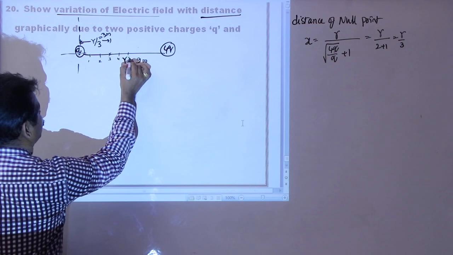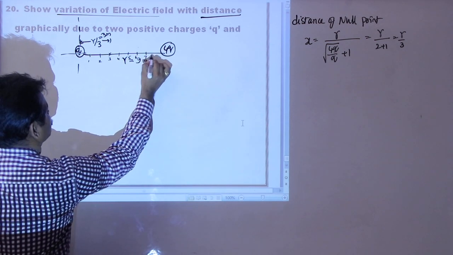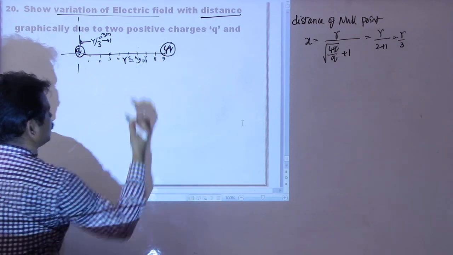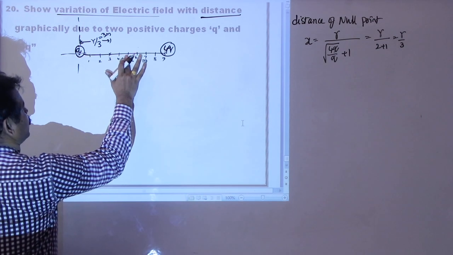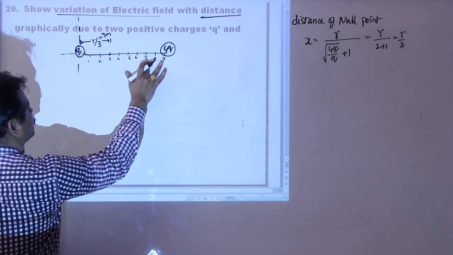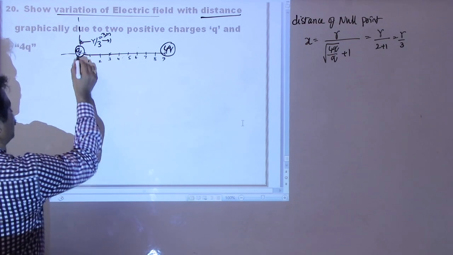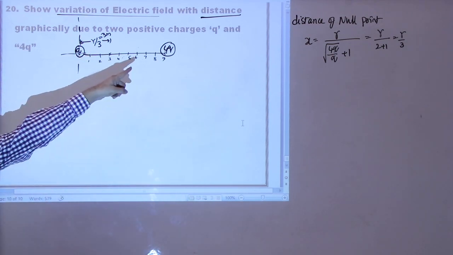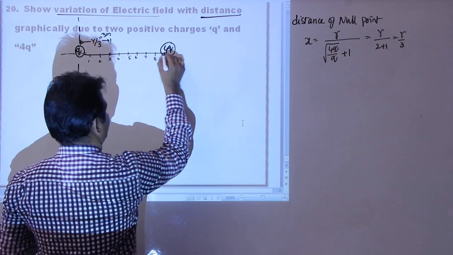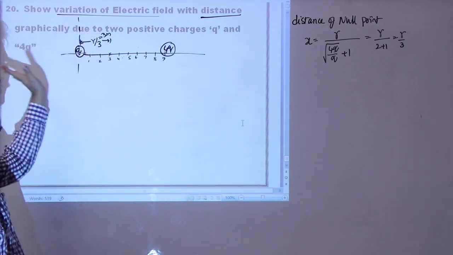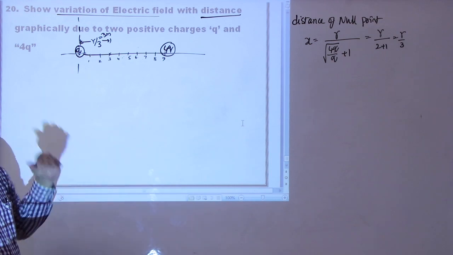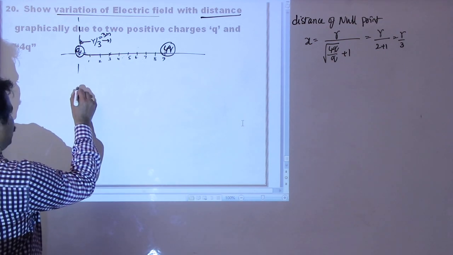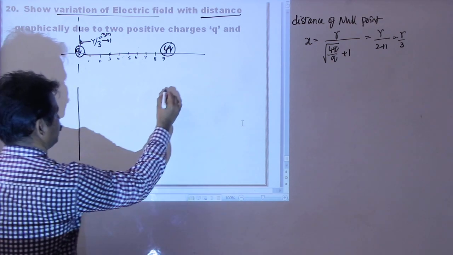Now this is 1, this is 2, 3, 4, 5, 6, 7, 8, 9. So these are the points on this x-axis. That means the Q is placed at the origin and 4Q is placed at a distance 9 on the x-axis. So along the x-axis, how does the field strength change?